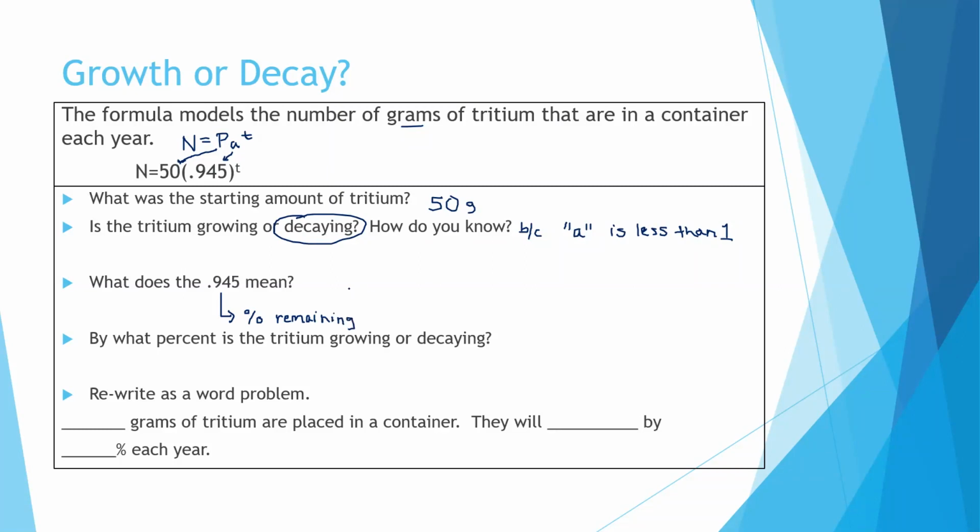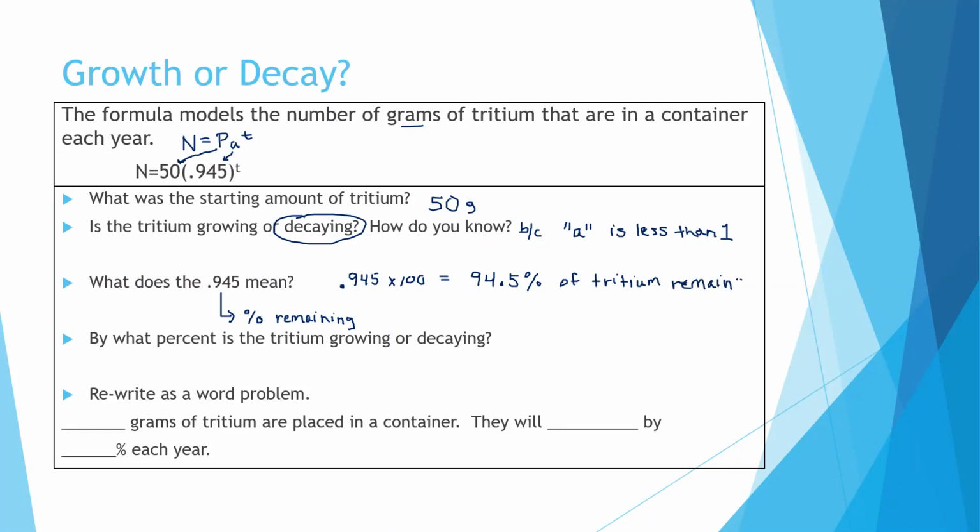So to change a decimal to a percent, I would take the 0.945 times 100, and that would give me 94.5, and that changed it to a percent, so 94.5% of the tritium remains.